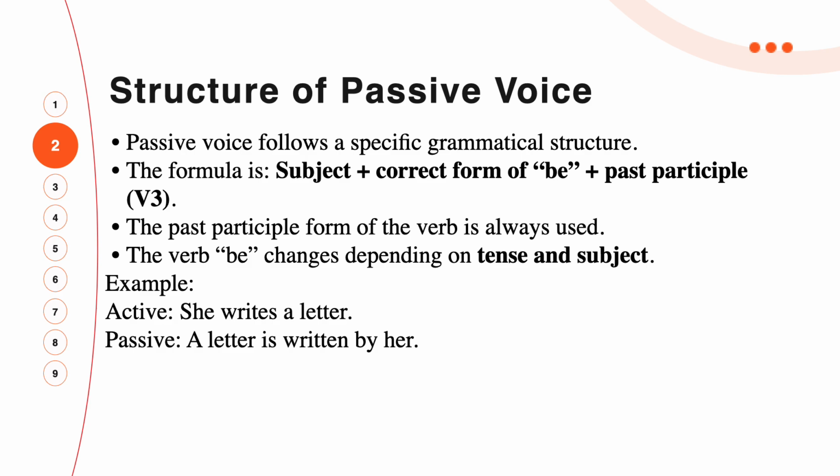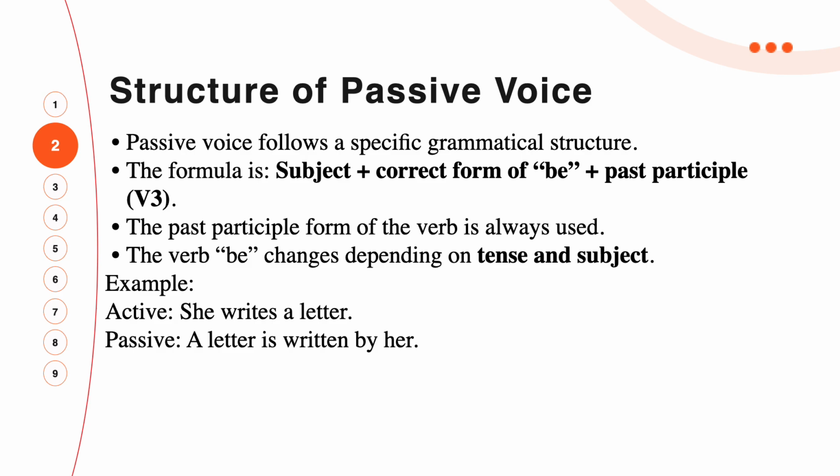In this slide, we learn about the structure of passive voice. Passive voice follows a particular grammar pattern. The basic formula is subject plus correct form of be plus past participle, verb 3. The past participle form of the verb is always used in passive sentences.